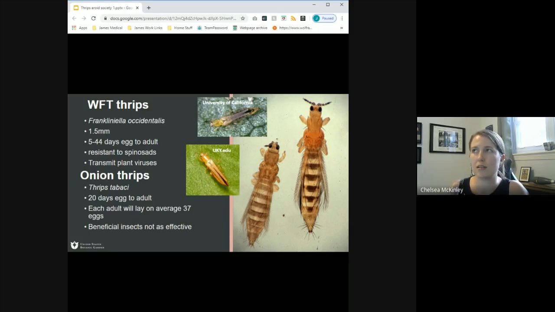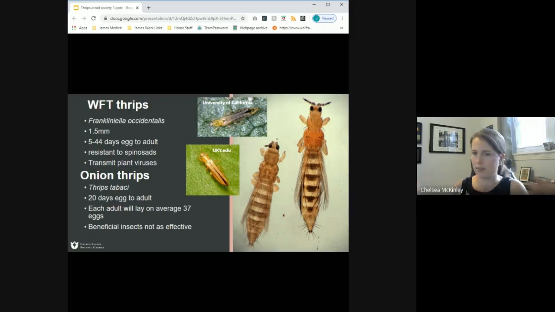So typically, thrips populations tend to have more females than males, just the way genetics work, and they're actually able to reproduce asexually, which makes them really terrible plant pests. Other plant pests can also do that, like aphids and mealybugs, so they don't need to mate in order to reproduce.